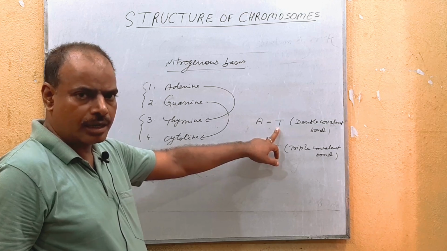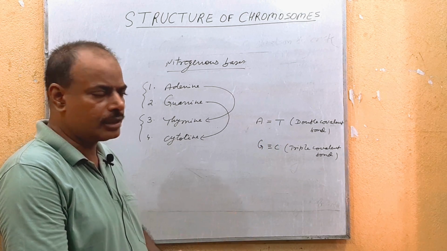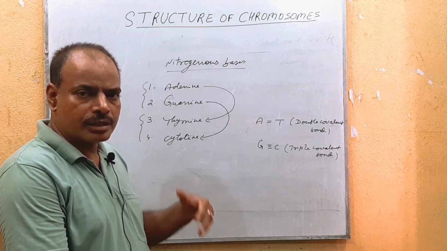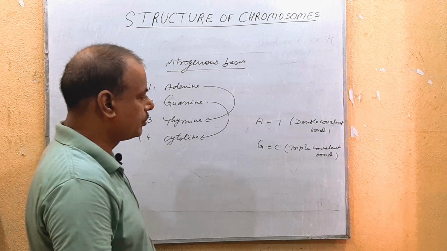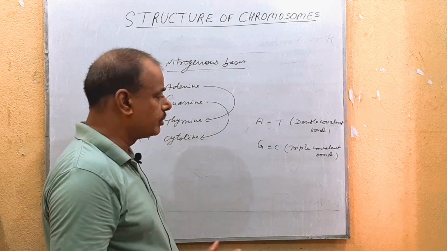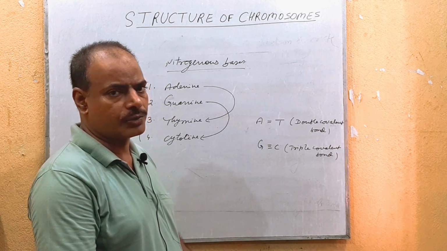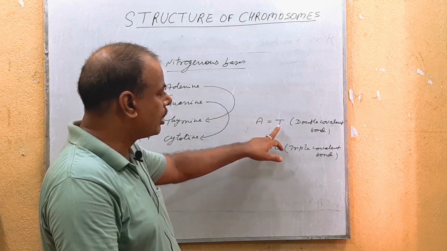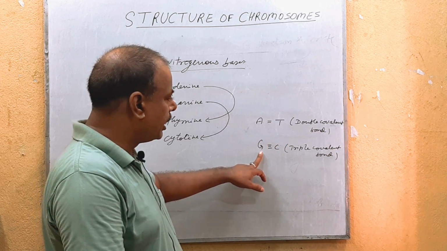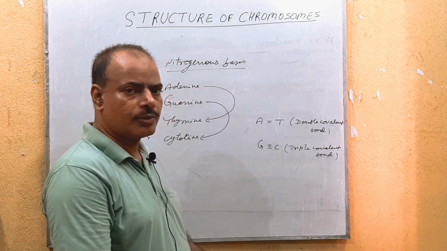Adenine and thymine are the two complementary nitrogenous bases, and guanine and cytosine make the second set of complementary nitrogenous bases. These are connected with each other by hydrogen bonds, and between adenine and thymine a double bond, and between guanine and cytosine a triple bond exists.